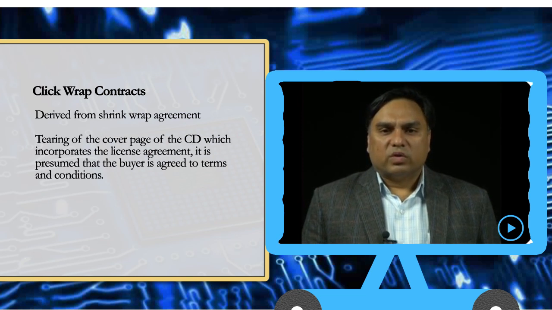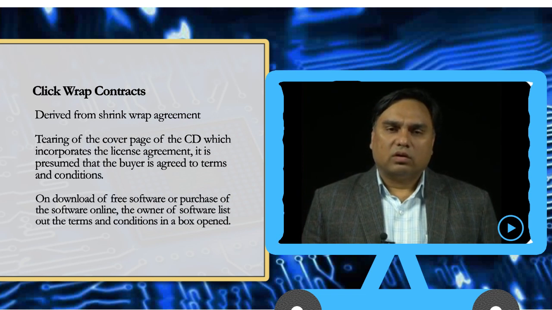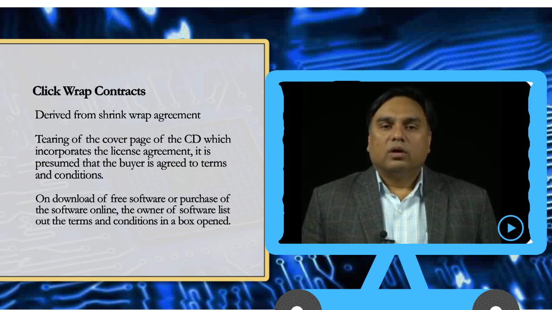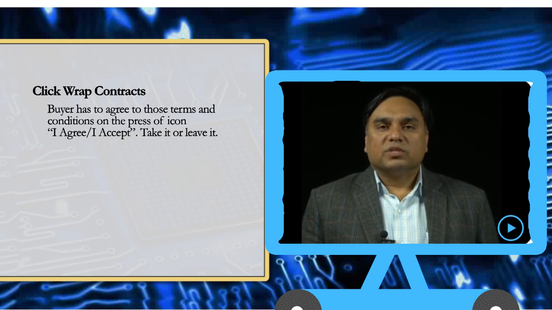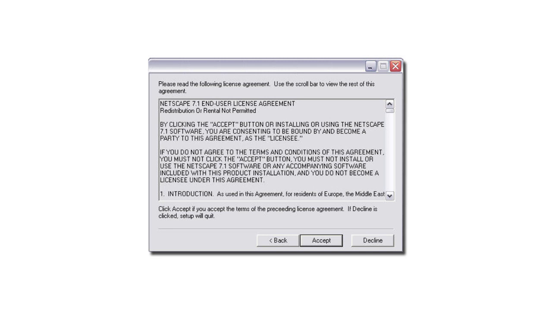In this contract, what happens is when you download a particular software or game on your computer, you will find some kind of terms and conditions box, as shown in the slides. This box will come and say that before downloading it, you have to accept the terms and conditions of the software. If you accept, then only this software will be downloaded on your computer, otherwise not.